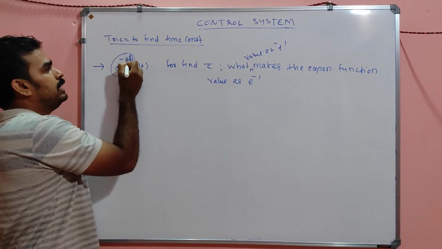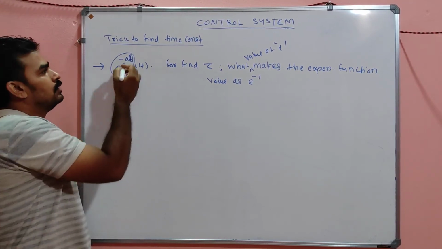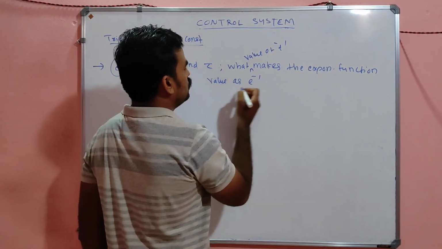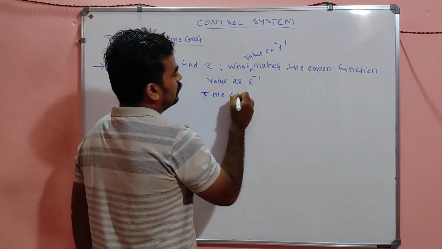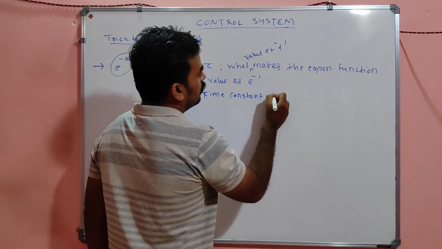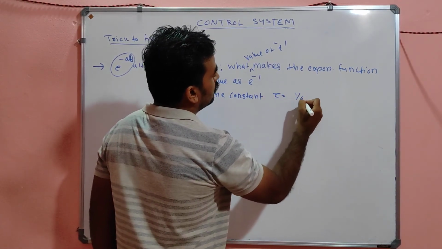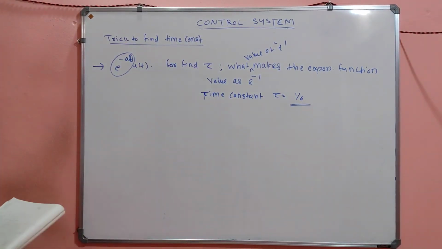For what value of t will it make e raised to minus 1? t equal to 1 by a. So the time constant tau will be equal to 1 by a. That's all.